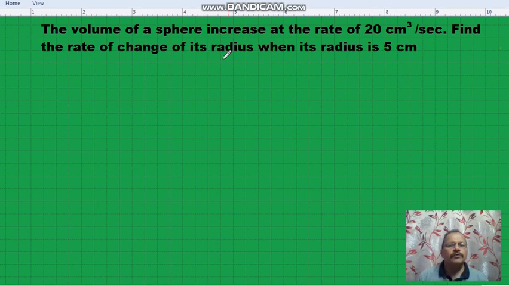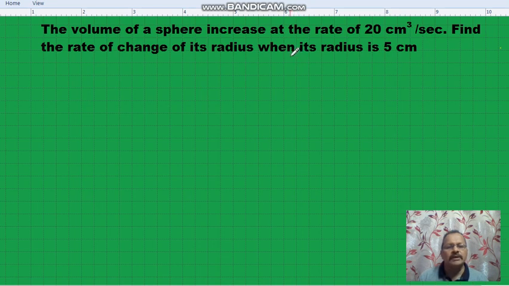The next problem we are taking is: the volume of a sphere increases at the rate of 20 centimeter cube per second. Find the rate of change of its radius when its radius is 5 centimeter. Now one sphere is given to us, its volume is increasing at some rate, and we want the rate of change of its radius.